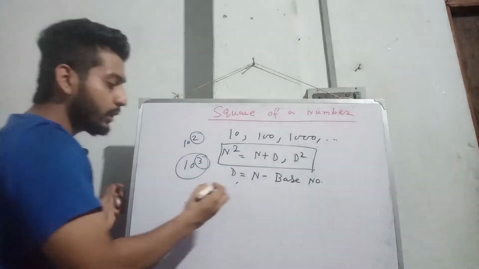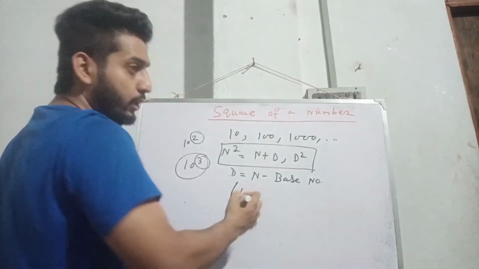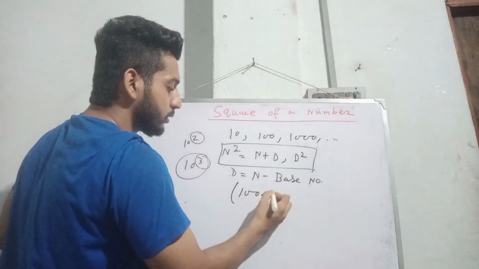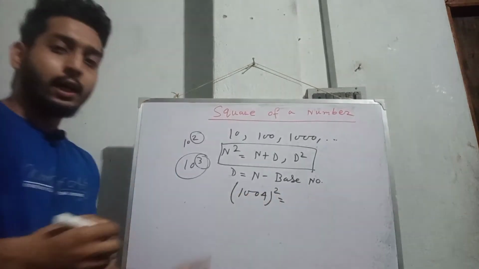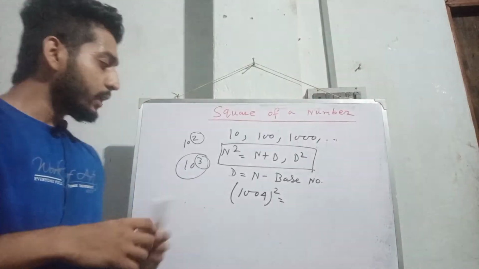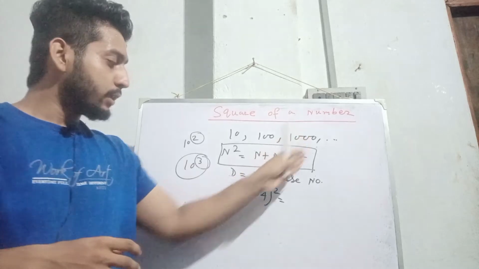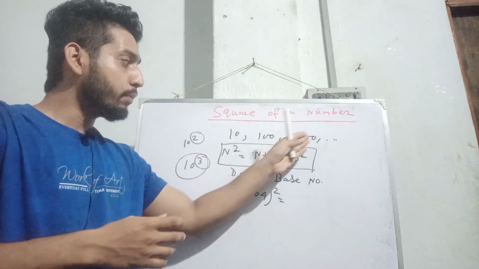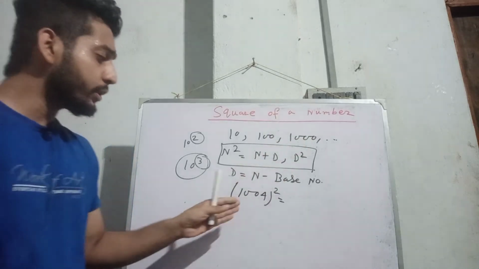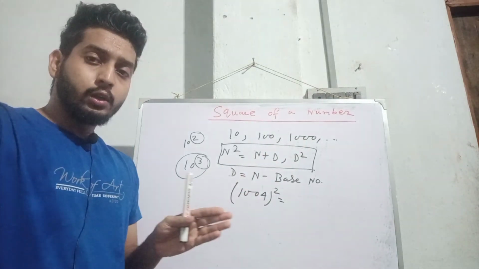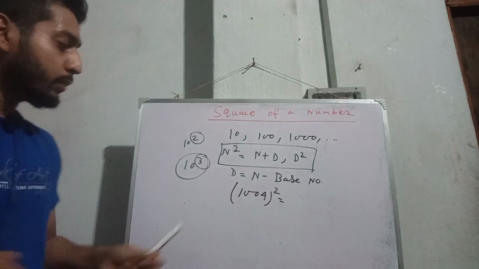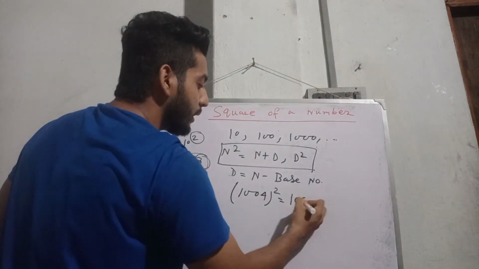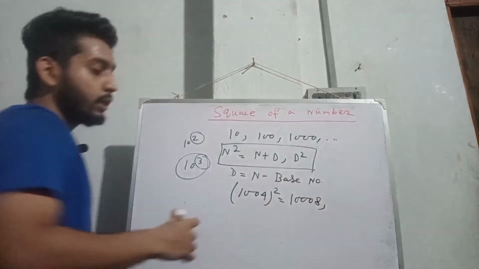For example, again we can find the square of a number. Suppose 1004 square. What will be the square of 1004? Again the base number is 1000 and d is the distance of that number from the base number. You can easily see that the distance is 4. So the square of that number is 1004 plus 4, that is 1008, comma, distance square.